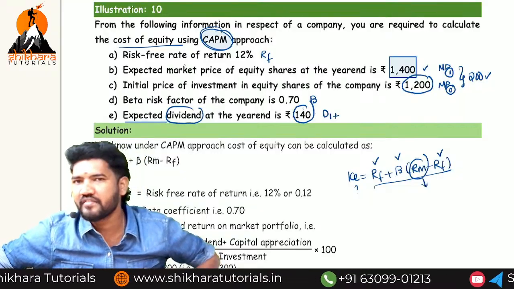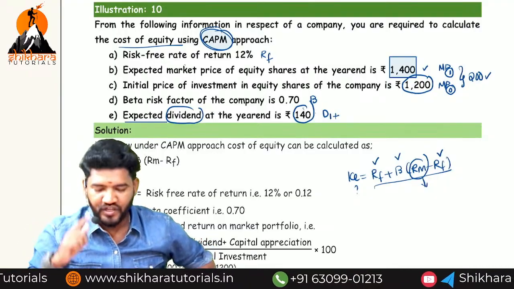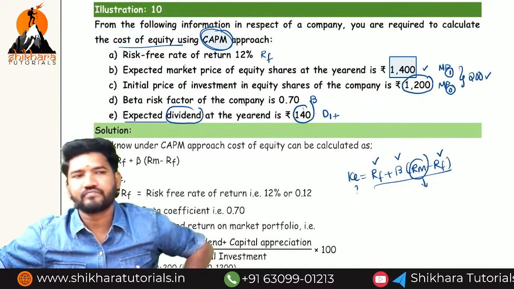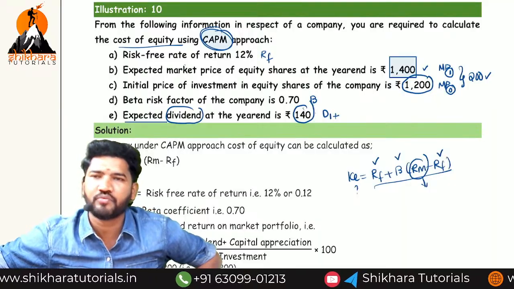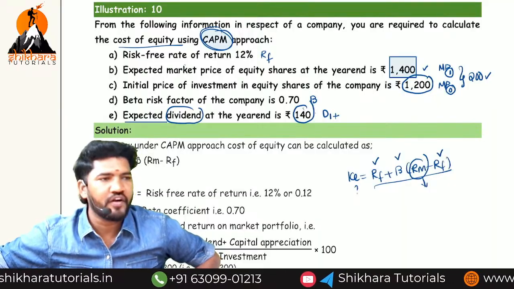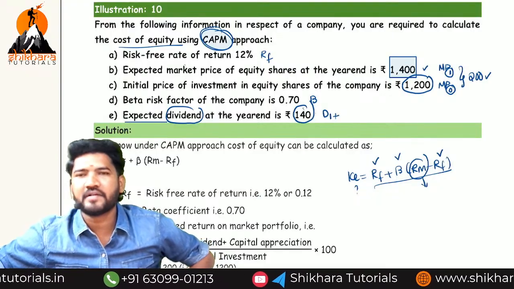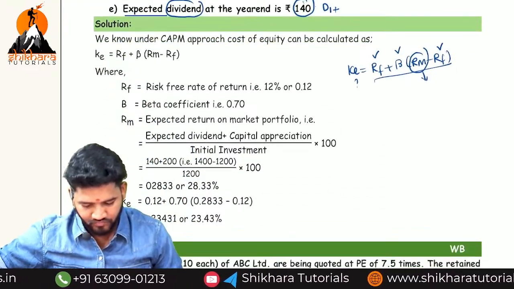How much did you invest? 1200. How much benefit did you receive? 340. 340 divided by 1200 is RM. So due to investment in the market, how much benefit did you receive? 340 rupees. I want it in percentage. How much?